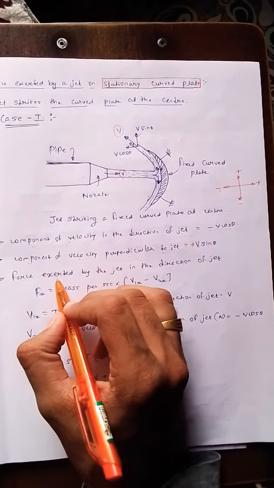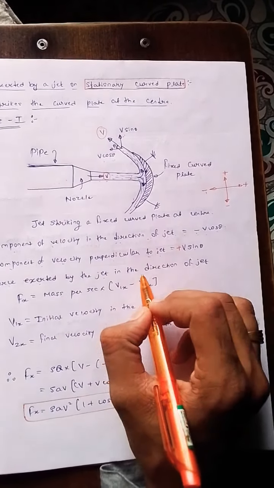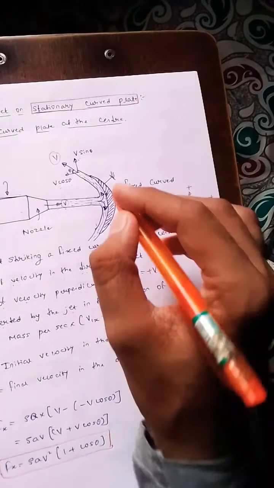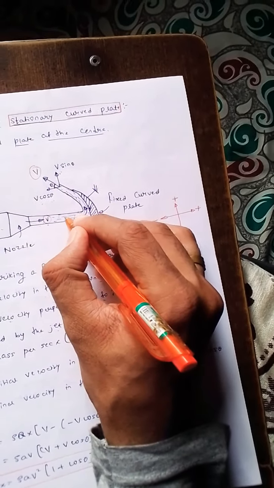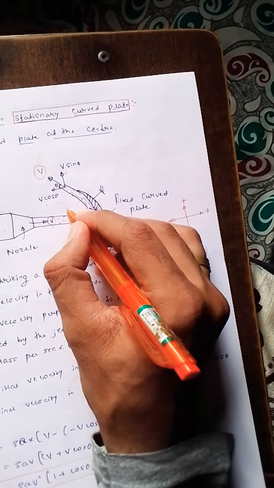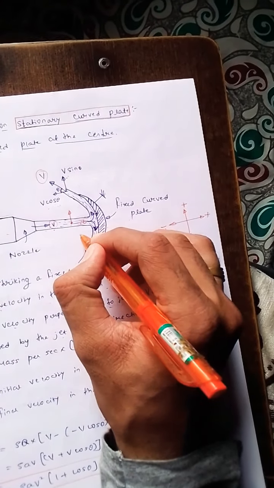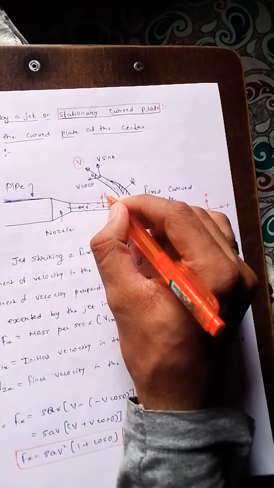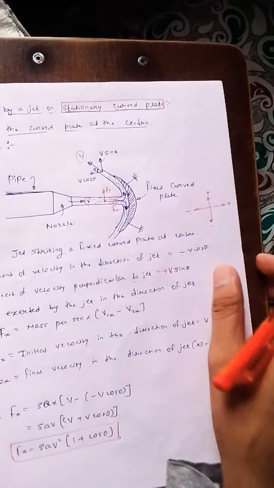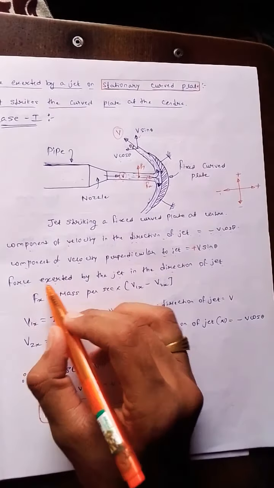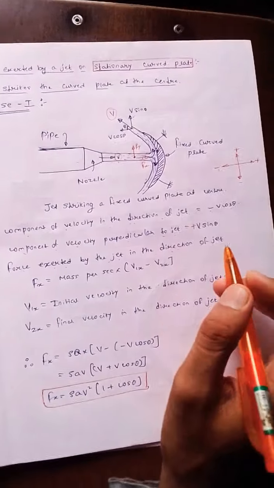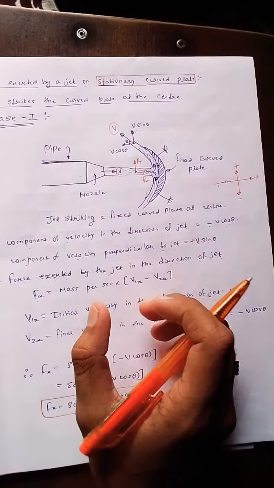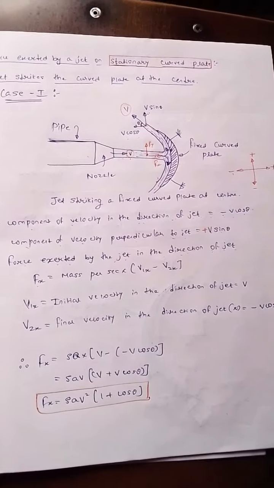Next point is the force exerted by the jet in the direction of the jet. At this point we are giving two arrows, one in the horizontal direction, in the direction of the jet, which will be Fx, and one in the upward direction, which will be Fy. The force exerted by the jet along the x direction is equal to the rate of change of momentum, as we have done in the momentum equation.